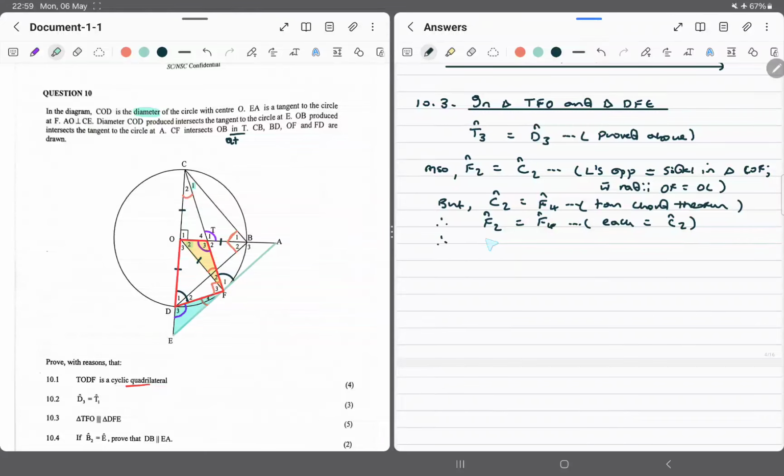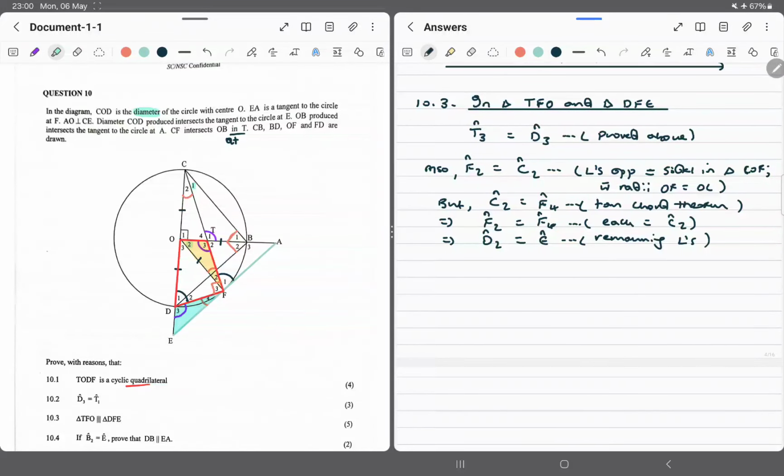We can make a conclusion and say, therefore, this implies, which will also imply that essentially O2 in the other triangle is equal to angle E in the other triangle.